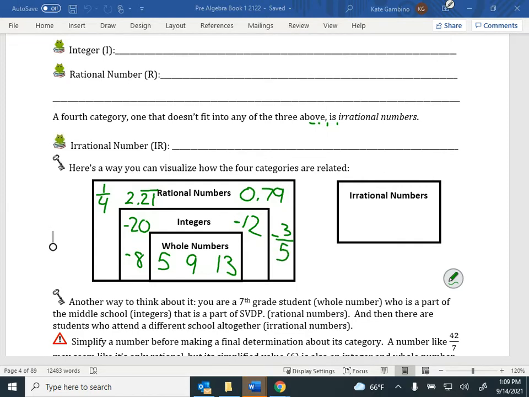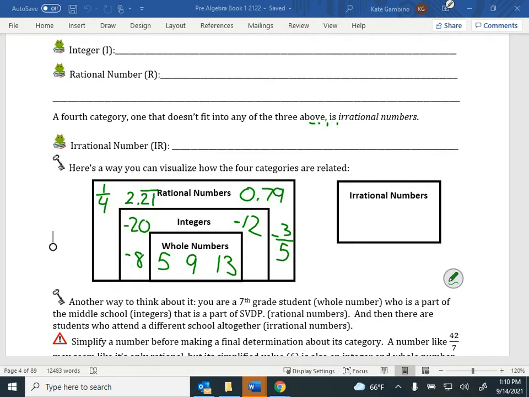So those rational numbers can have the fractions and decimals as long as the decimal ends or repeats, positive or negative. So we start with just the positive whole numbers. Integers are positive or negative. Rational, you can throw in the fractions and decimals, positive or negative. So it gets bigger and bigger and bigger categories.